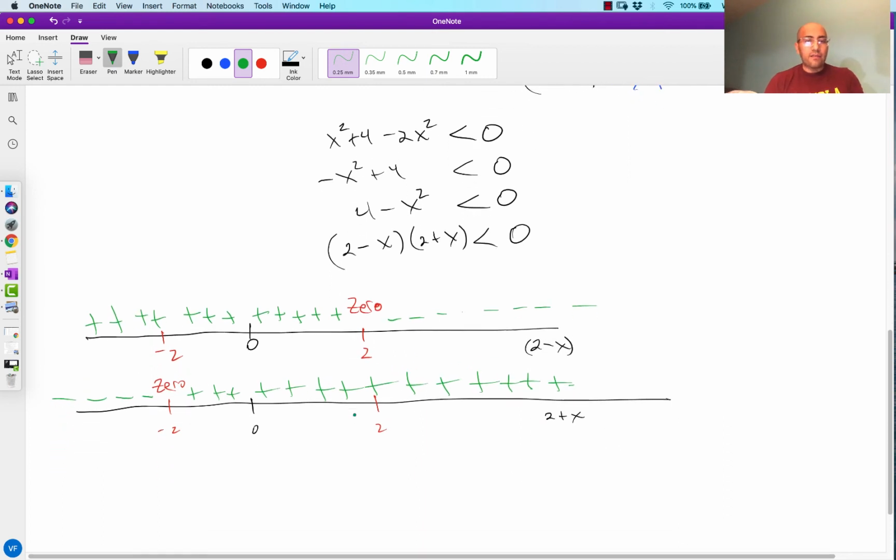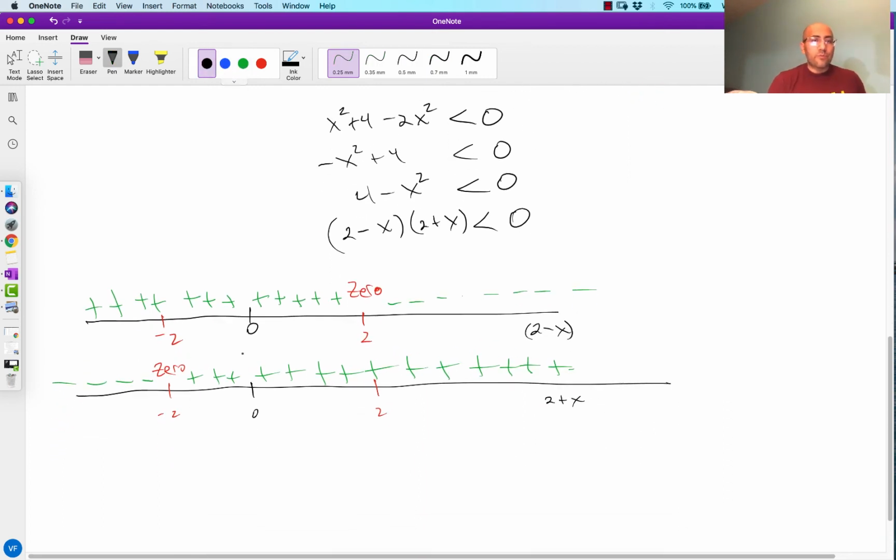Okay, finally, we can consider what happens when we multiply them. So now we have a new number line which will represent the product of the two. Here is 0. If I plug in a 0 for x, we end up with 2 times 2, so the whole thing is going to be positive.